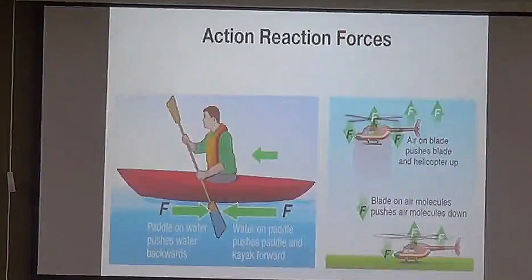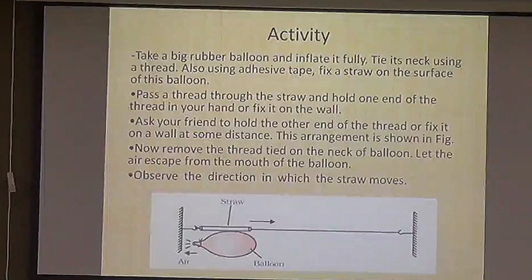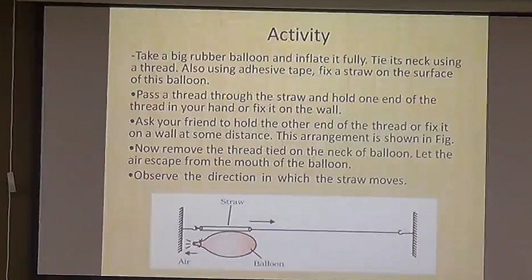And a few other examples. Now this is an activity given in NCERT, and we can also perform it. We tie a string between two supports, and we have a straw in the string.